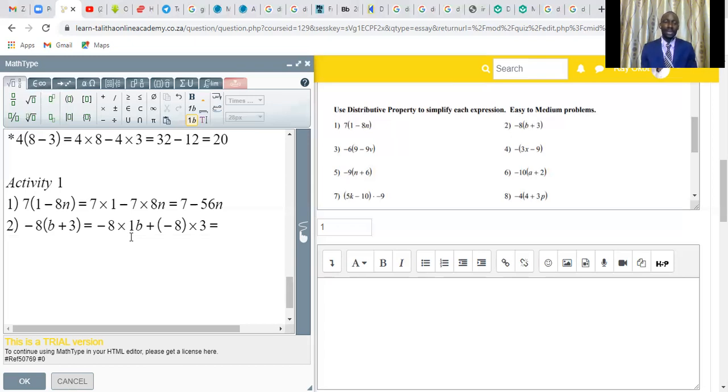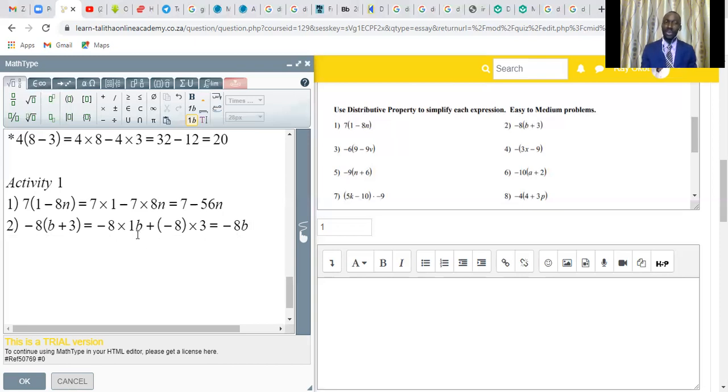Like when you buy a pair of shoes, if you buy one pair, it remains a single pair, even if there are 2 shoes, but it is a single pair. So that means if we multiply -8 by 1, we get -8 of b, because we multiplied this -8 by 1 and we got -8.